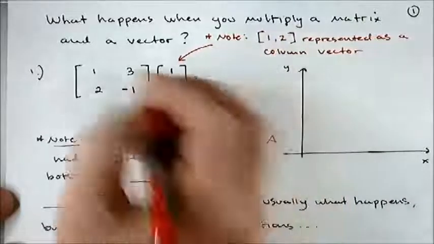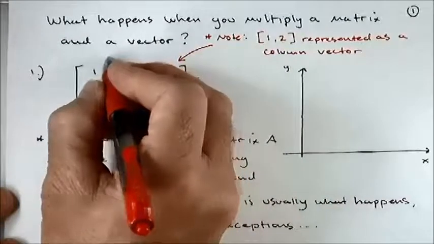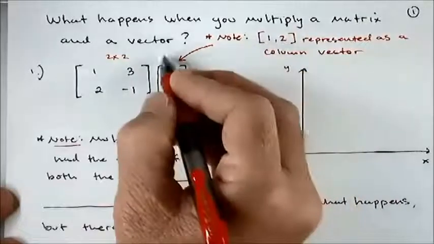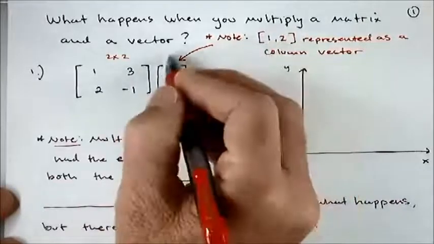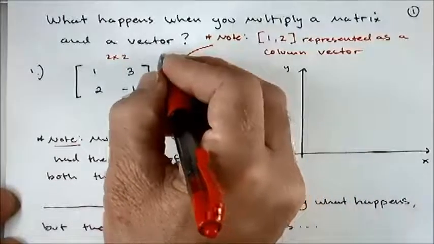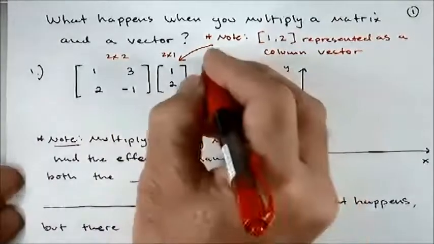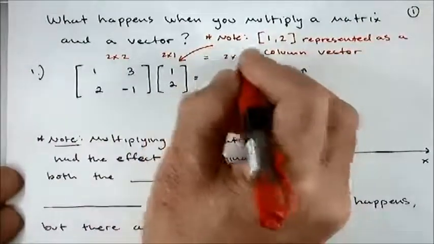We kind of need that, because if I were to write it like this, that would be a 1 by 2, and I wouldn't be able to multiply it. But now that I've made it a column vector, it's a 2 by 2 times a 2 by 1, which will generate a 2 by 1.